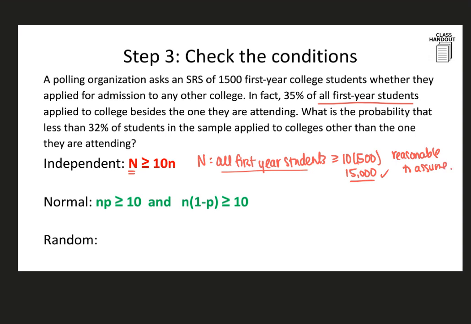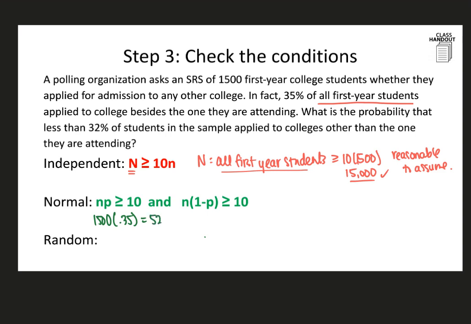All right, our next condition is the normal condition, so we need to just plug in n and p. So 1500 times 0.35. I'm just going to do that on my calculator off to the side. So 1500 times 0.35, that's 525.